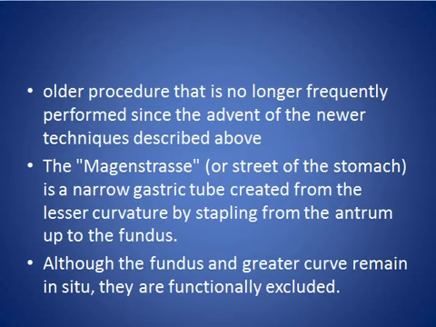Magenstrasse and Mill procedure. It is an older procedure and no longer frequently performed since the advent of the newer techniques described above. The Magenstrasse, or street of the stomach, is a narrow gastric tube created from the lesser curvature by stapling from the antrum to the fundus. Although the fundus and the greater curvature remain in situ, they are functionally excluded.